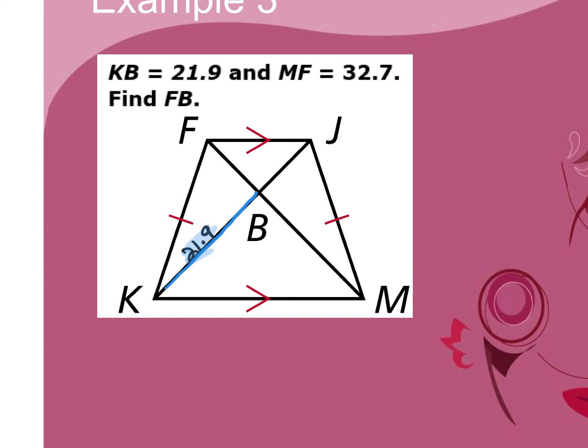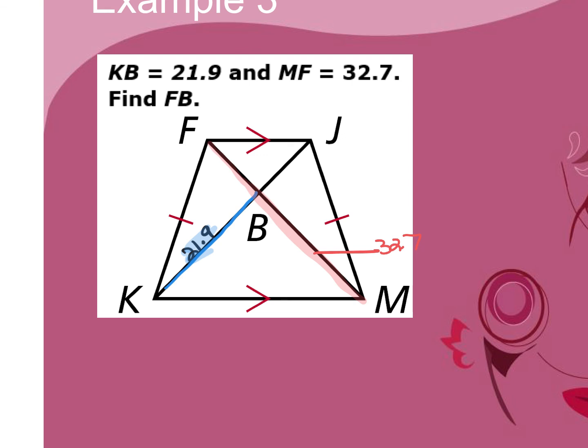I'm also given that the entire length of the other diagonal is 32.7. Now it wants me to find the length of FB.